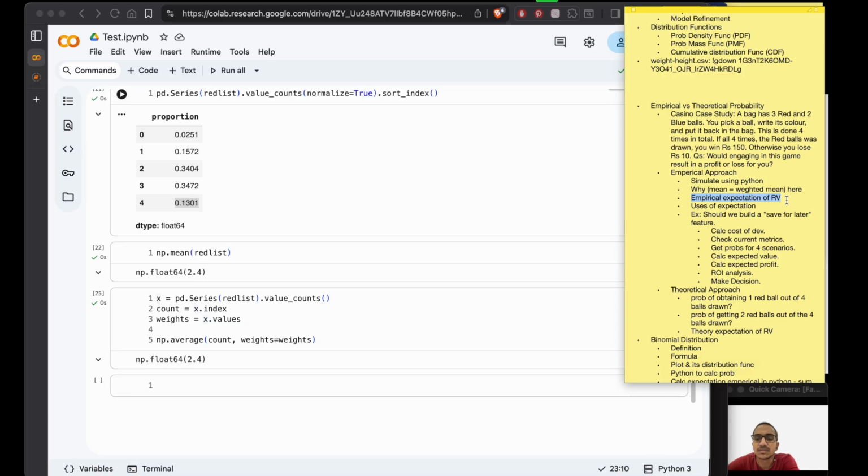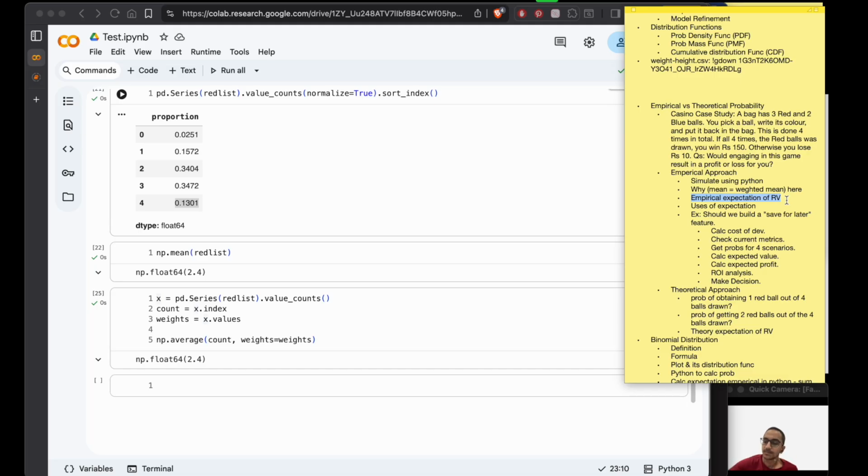So expected value is nothing but the weighted average values of the random variable, given the probabilities. So probabilities of those values, which is just the weights, it's times the probabilities of the value.